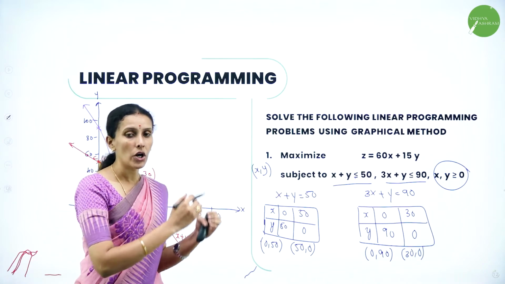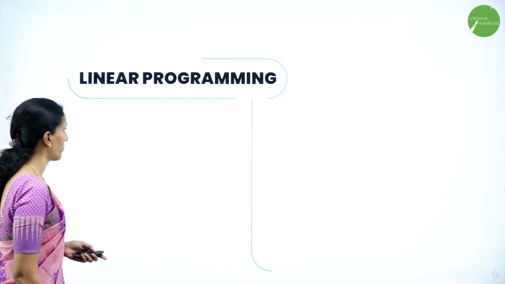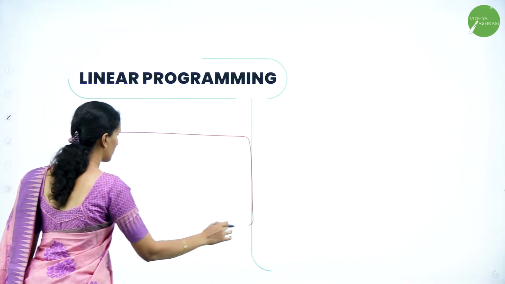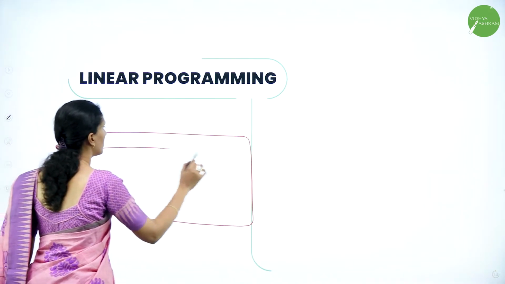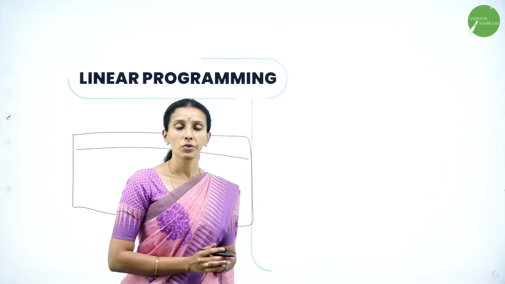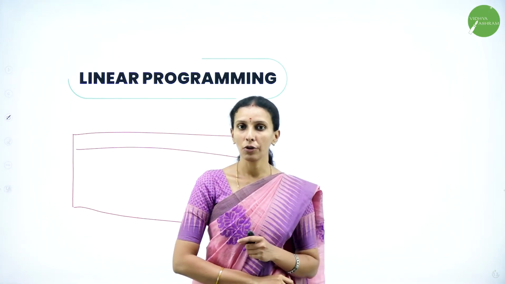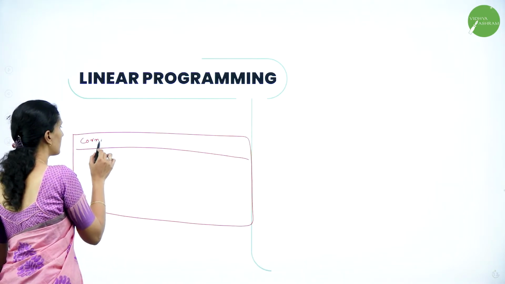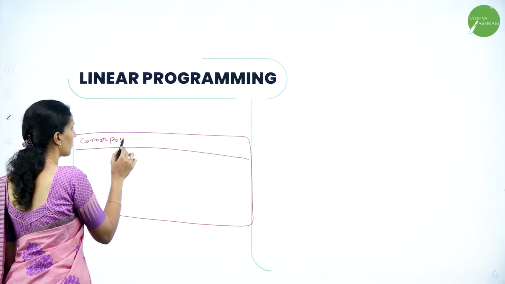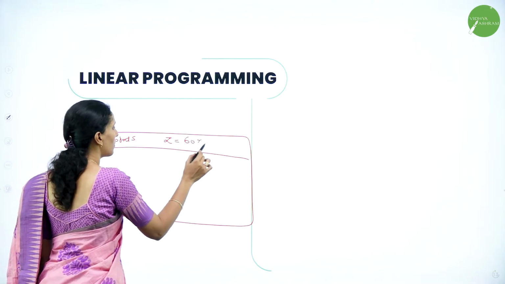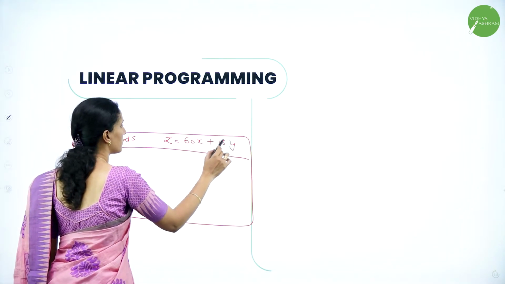Let us write the corner points in a table now. We will draw a table. This is called the corner point table. We will use the corner points to find the solution for Z. Here I'll write the corner points, and here my function Z is equal to 60x plus 15y.